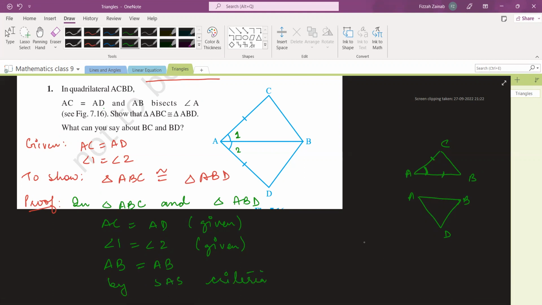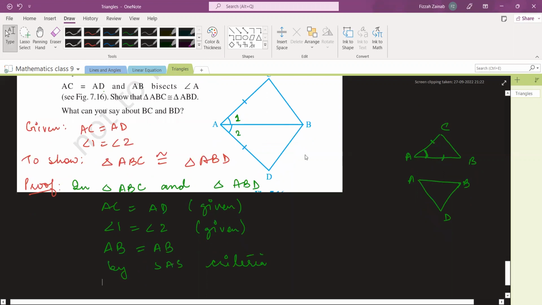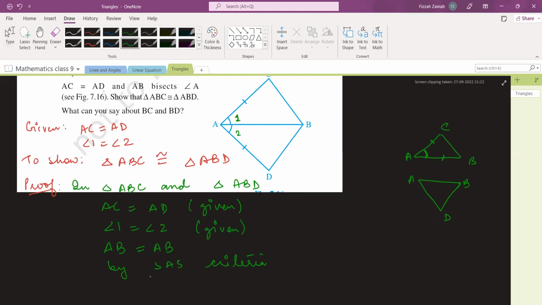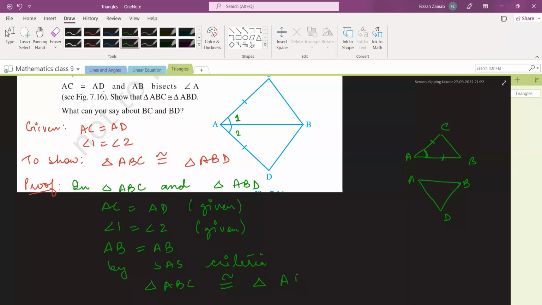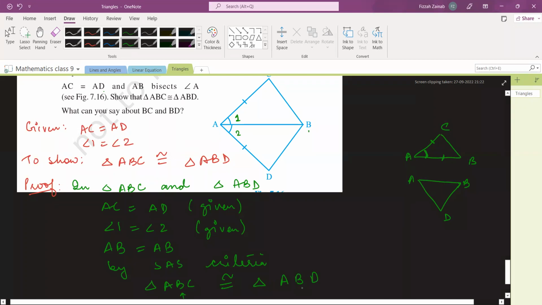we write that triangle ABC is congruent to triangle ABD, correct? See, because B is part of both the triangles, so it is in the middle, so it has to be in the middle here, right?